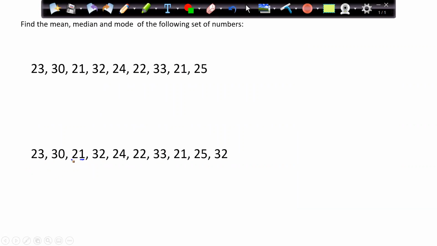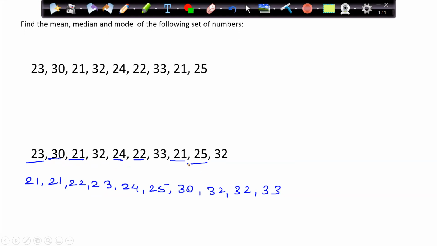So here I will have 21, 21, then we have 22, then 23, then 24, then 25, then 30, then 32, 32 and 33. So 10 records are there.